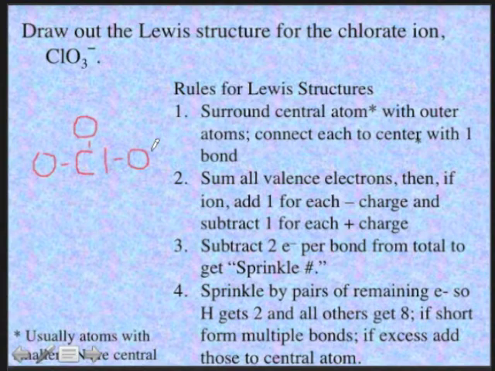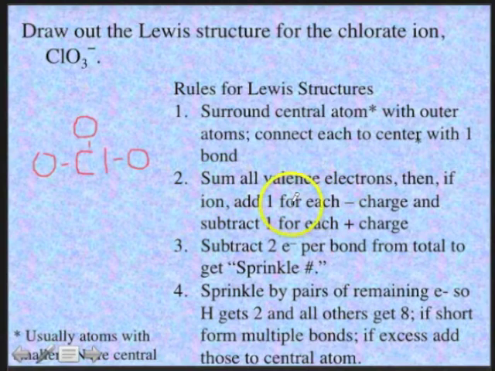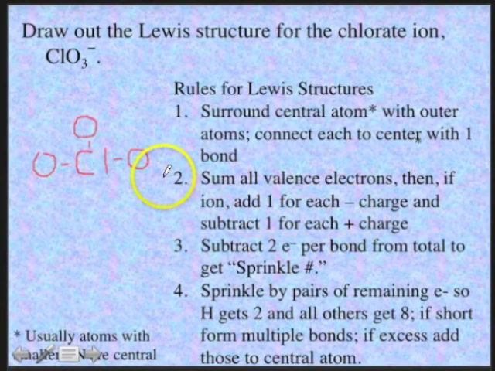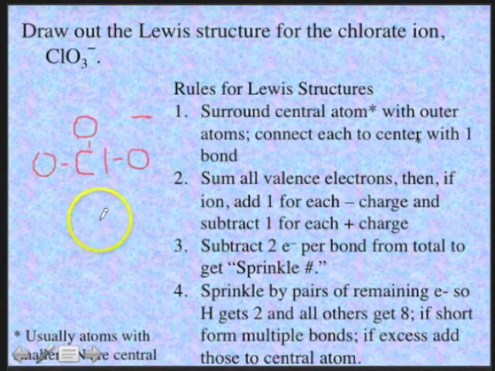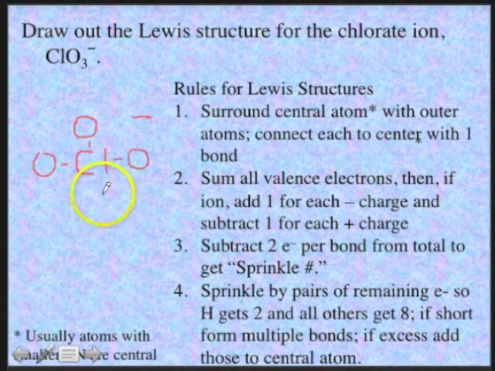Now we're ready to start counting electrons. We sum all the valence electrons, and if an ion, we add one for each negative charge. Well, it is an ion, it's an anion, so we have to add one. Let's see now. Chlorine has a valence number of 7.